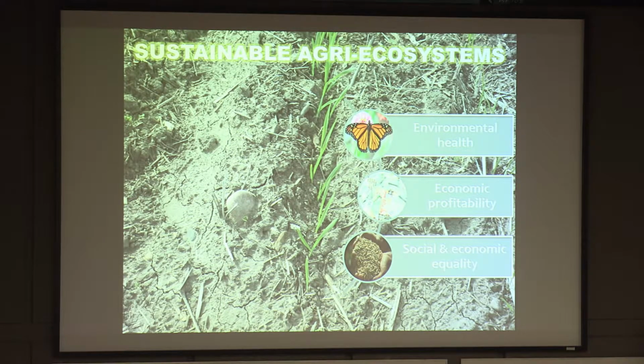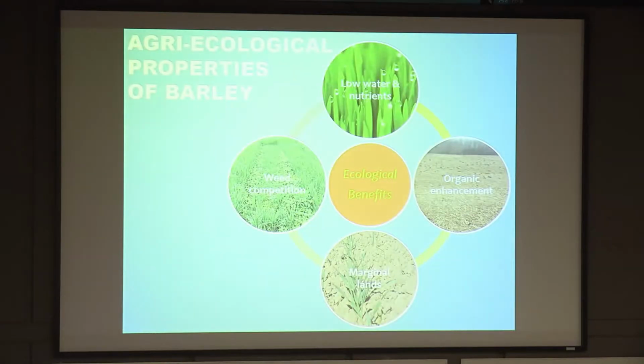So sustainable ecosystems are based on pillars. Environmental health is important. The crops that are produced have to be economically profitable, and there should be social and economic equality. So these all have to work together. There are several agroecological properties that barley conveys.